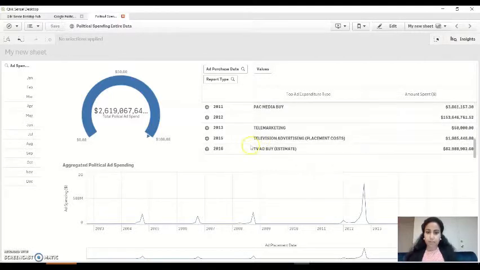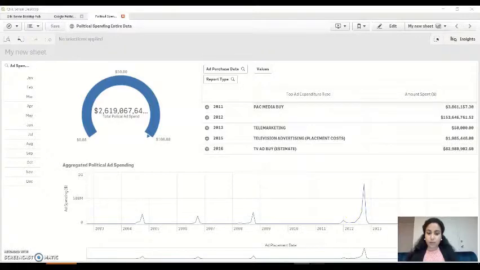All right. We consistently see that television ad buy is the media type that PACs spend the most money on. $82 million and an additional $2 million was spent on TV ads, so about $85 million spent on TV ads.